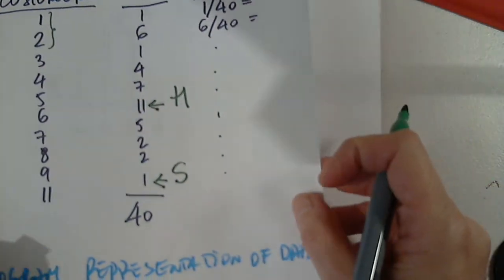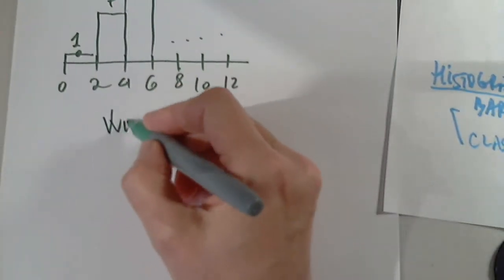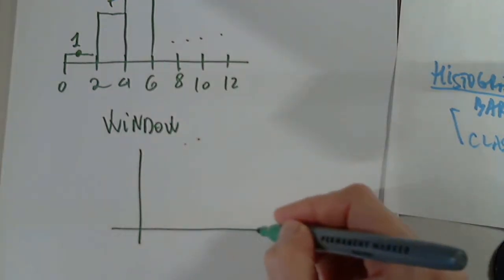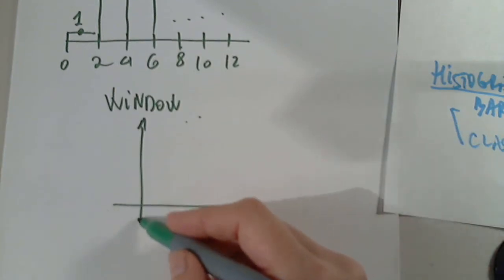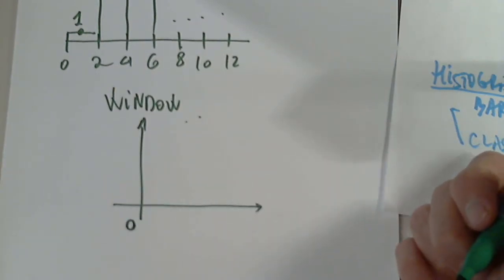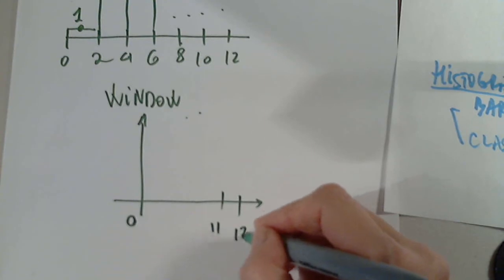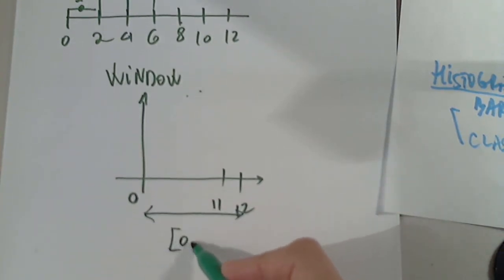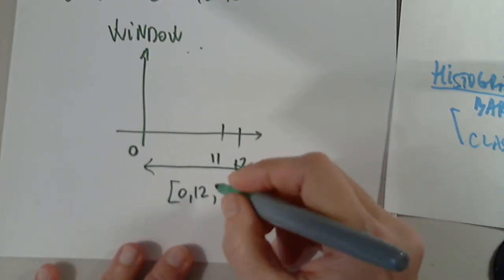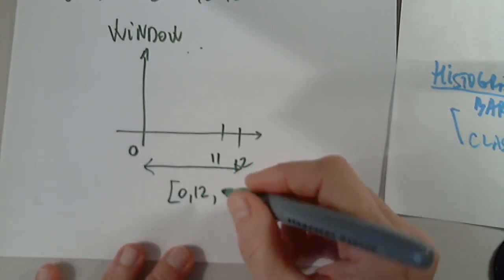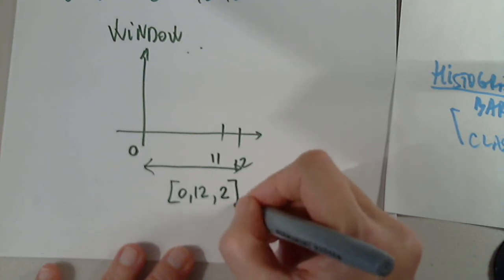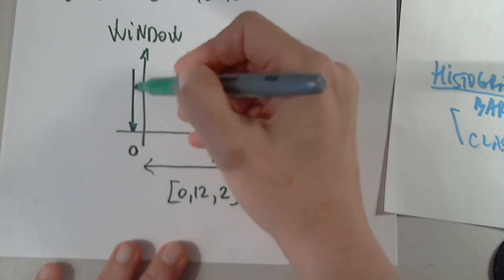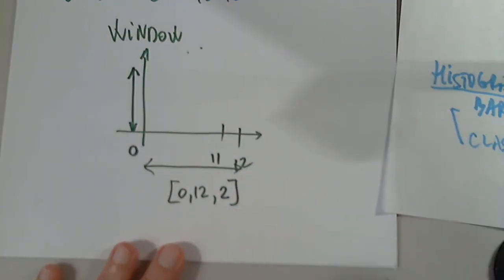I want the window of the graphing calculator to present something like this. From 0, 11 is the highest, let's say to 12. So the x-axis should be the interval 0, 12, and the increment, let's say 2. You can put 1, you can leave 2. Now I also have to determine the window for the y-axis.